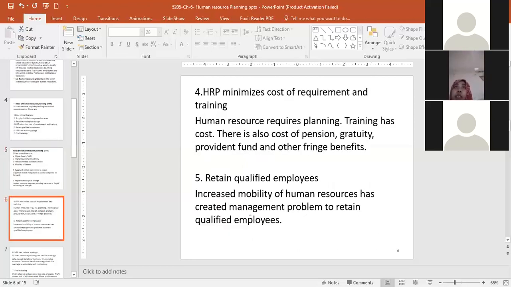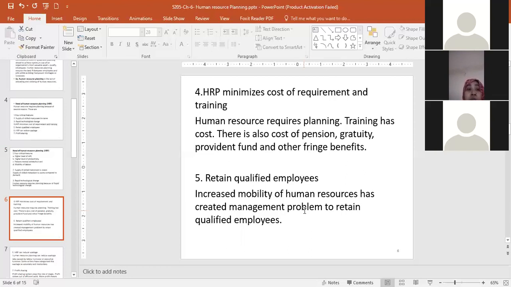The next point is that human resource planning minimizes cost of recruitment and training. Training has a cost, and there is also the cost of pension, gratuity, provident fund, and other fringe benefits.